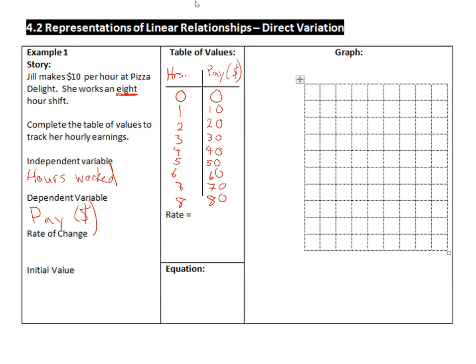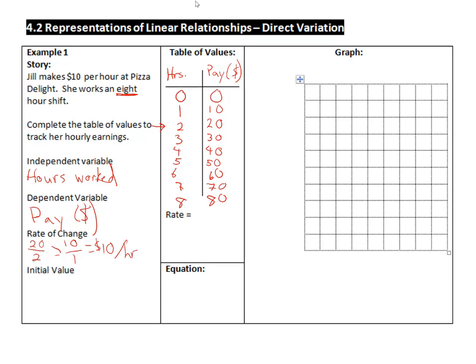What's the rate of change? Well, if we look here, we see 20 over 2, because for 2 hours she earned $20. Or you could look at the one above, which is for 1 hour she earned $10, which just means that she's earning $10 per hour is her rate.